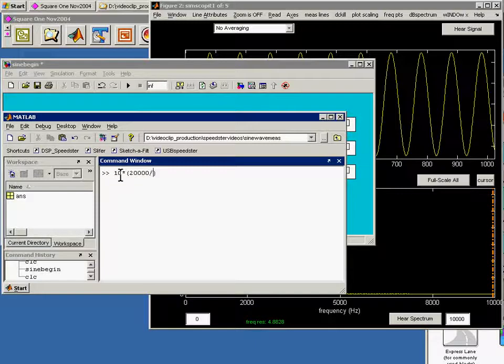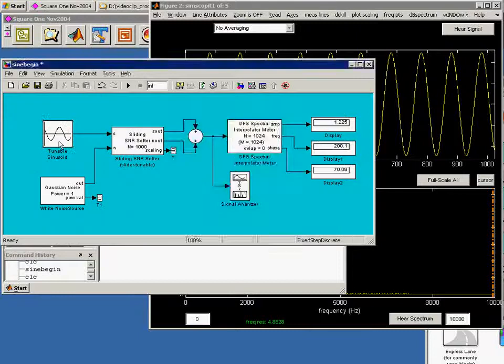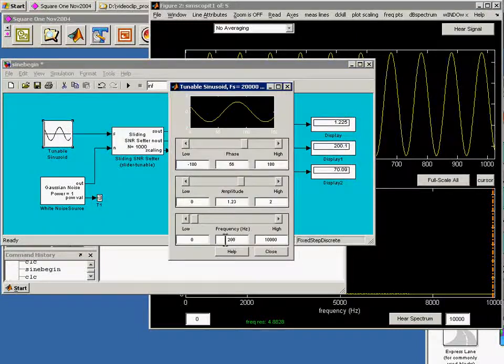Take the sample frequency divided by the buffer size of 1024, and it turns out to be 195.3125. Well, let me swipe that number right there and put that in to my signal generator's frequency, and move the decimal point over so I don't have to type all this stuff.